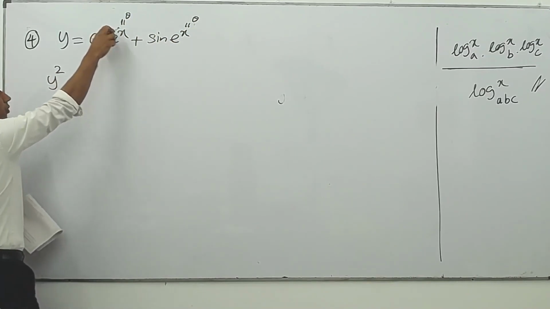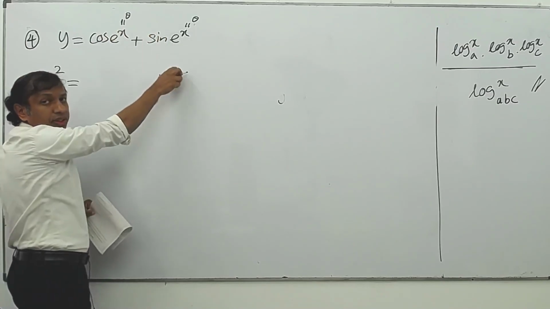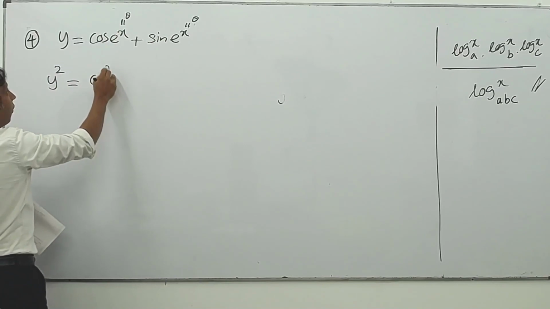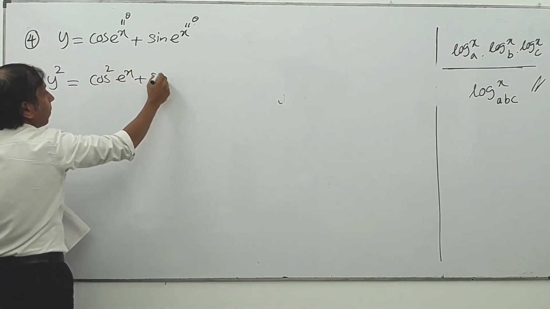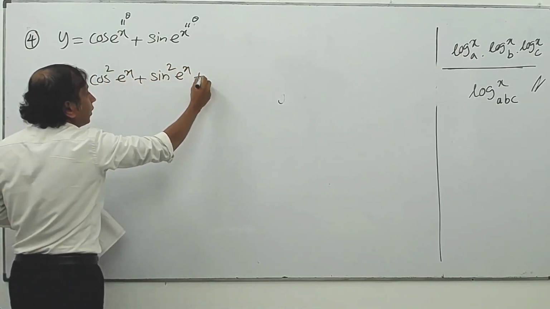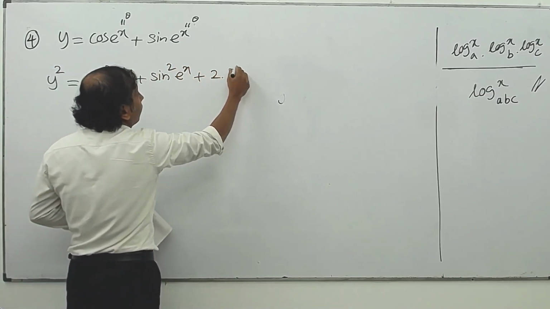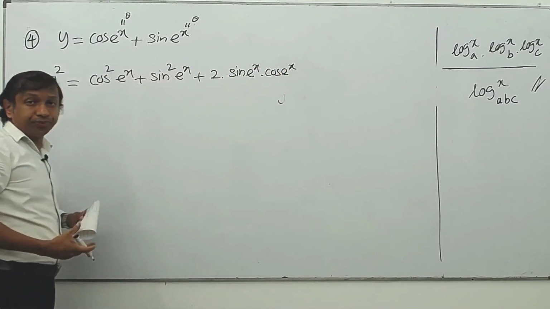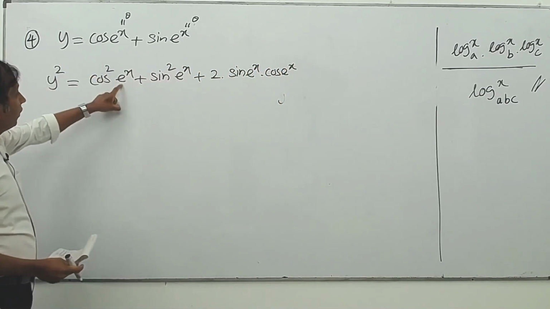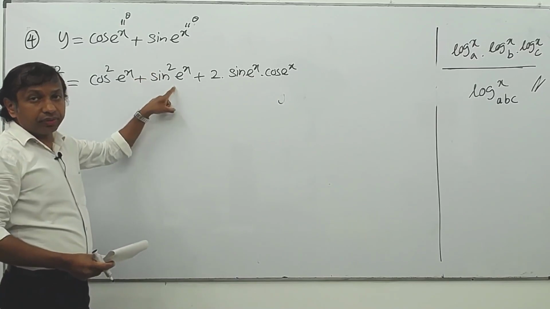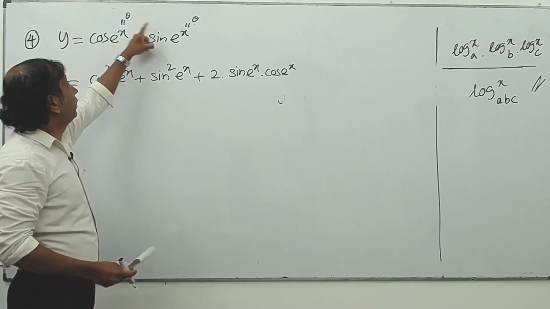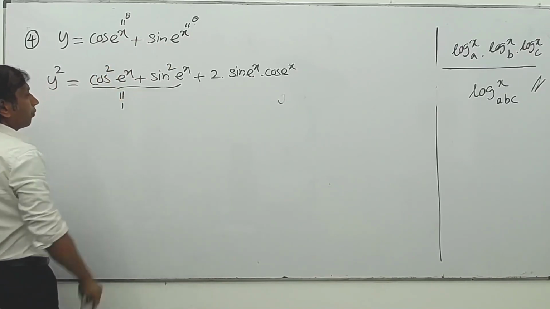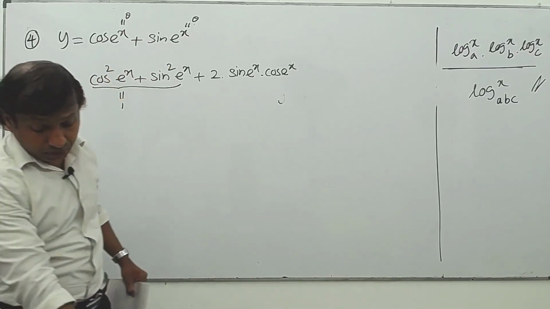Square of this plus square of this plus 2 times this into this, right? cos squared x plus sin squared x plus 2 sin x cos x. Cos squared theta plus sin squared theta is 1. We assume this x as theta. This is 1.